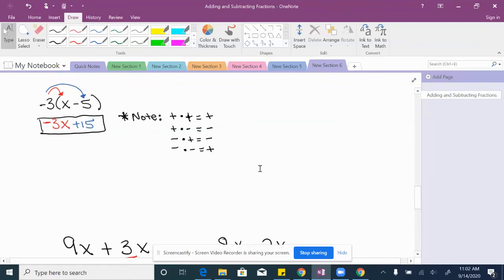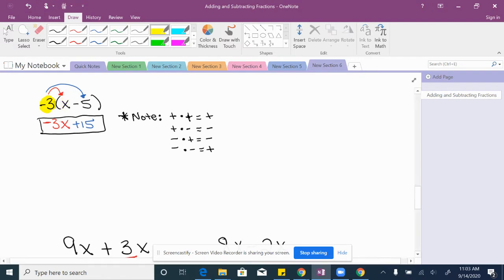This video is going to review the most important parts of algebra that you need for geometry. So this is the distributive property. We take the number on the outside and we multiply it by everything inside.